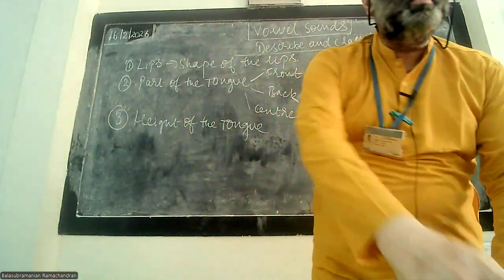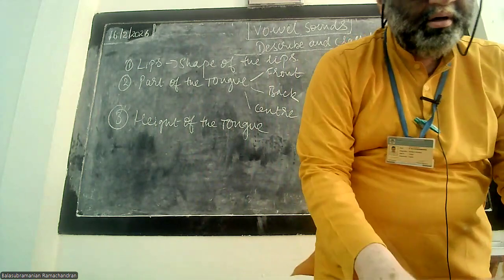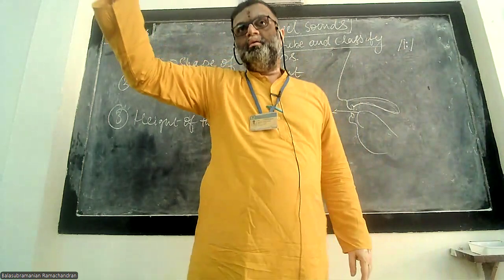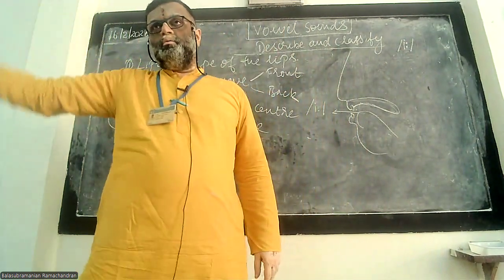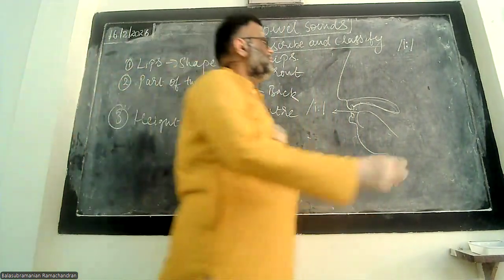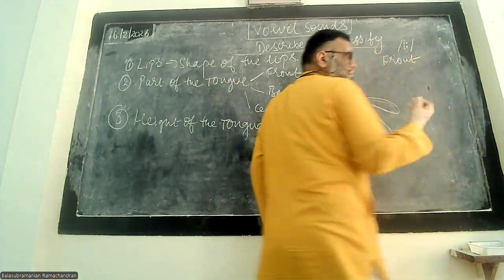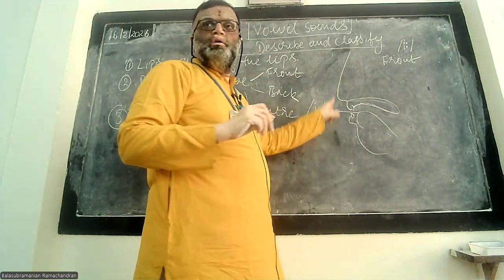Give me the three-term label for E. E is a front dash vowel. Front, because it is the front of the tongue.